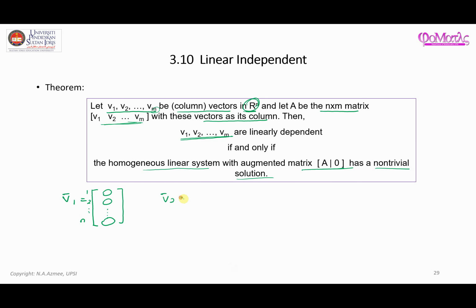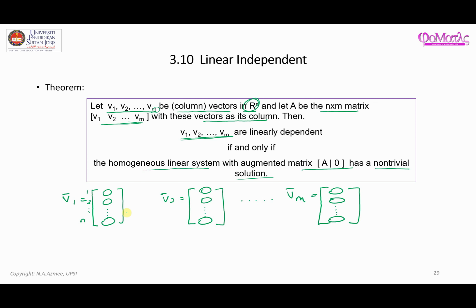And then vector 2 is the same thing: first component, second component, and the nth component. And you have more vectors up to m vectors, each with first component, second component, and nth component.